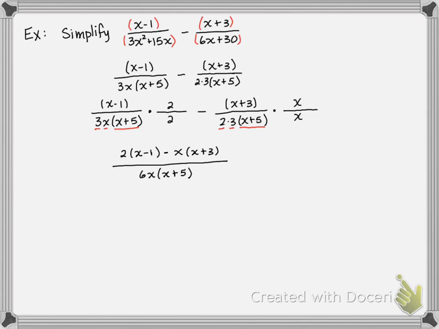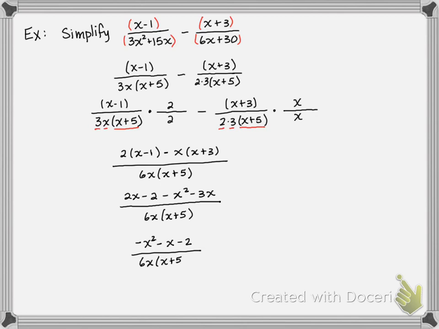And we're ready to distribute, so 2x minus 2 minus x squared minus 3x, and combine like terms, so negative x squared minus x minus 2 over 6x times x plus 5.